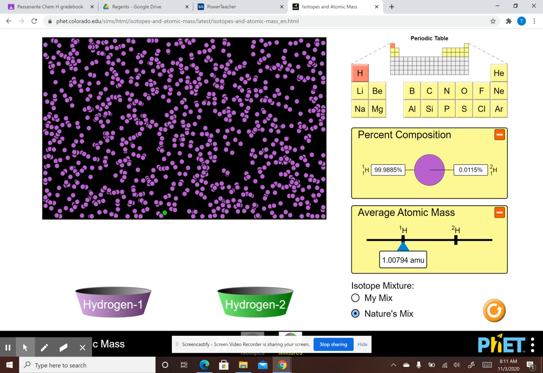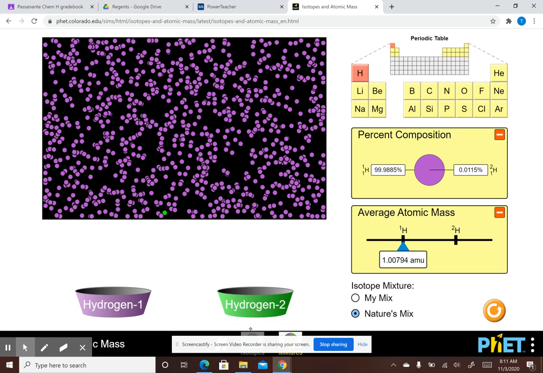Look at all those purple dots and look at that green dot. 99.9885% of the hydrogen found in nature has a mass of 1. So when you find the average, it's going to end up being a lot closer to 1. It's not right in the middle because it's a weighted average. The percentage of it that exists matters. Okay? So hydrogen only has 2 isotopes.